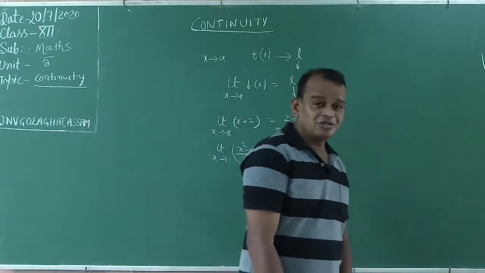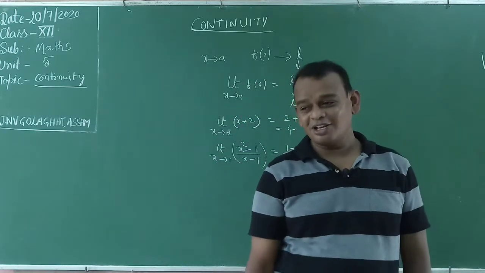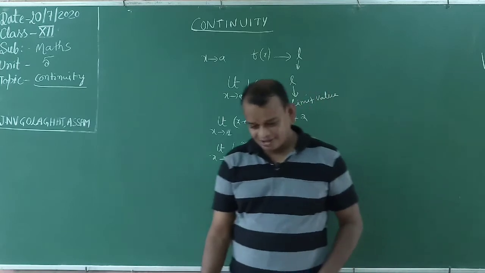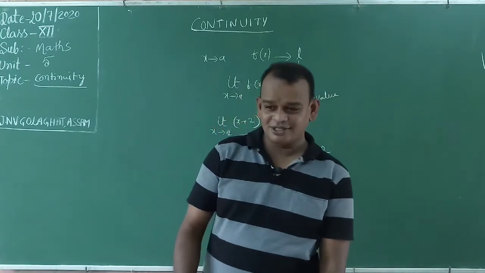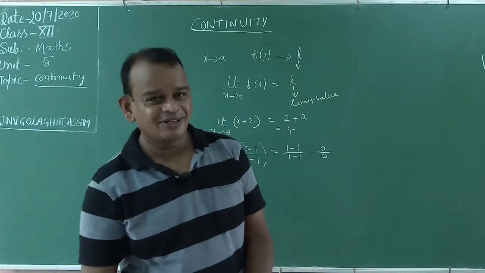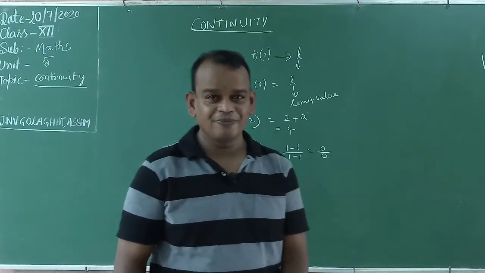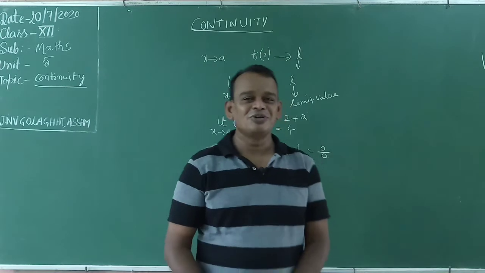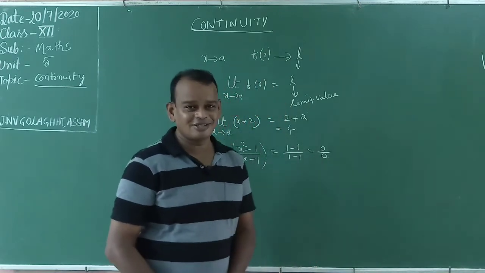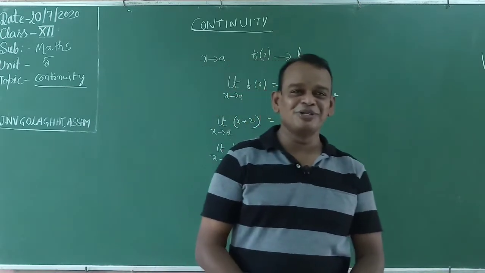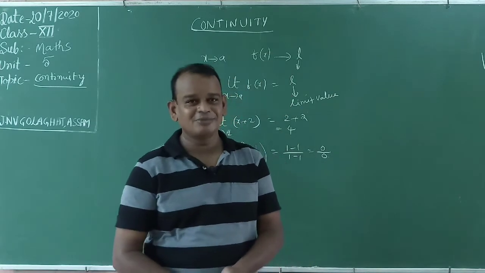Last year you told a lot of answers. But does 0 by 0 have any value? Tell me. Some students last year told me 0 by 0 means 0, or 0 by 0 means 1, something.